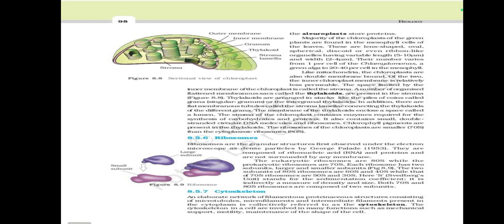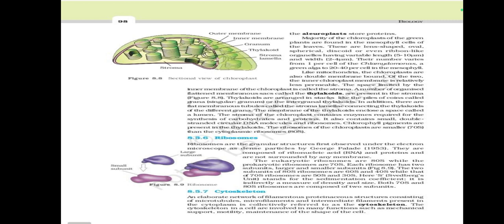Ribosomes. Ribosomes are the granular structures first observed under the electron microscope as dense particles by George Palade in 1953. They are composed of ribonucleic acid (RNA) and proteins and are not surrounded by any membrane.